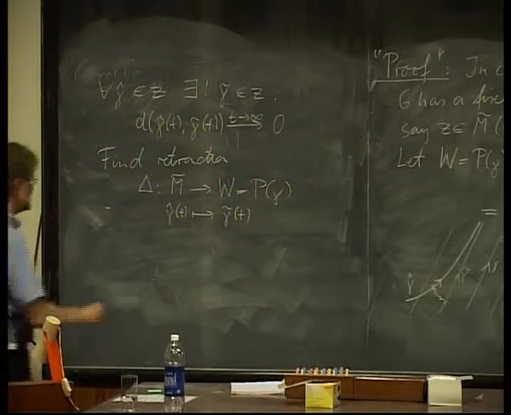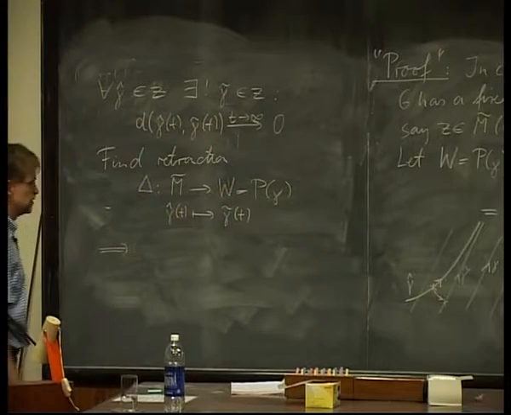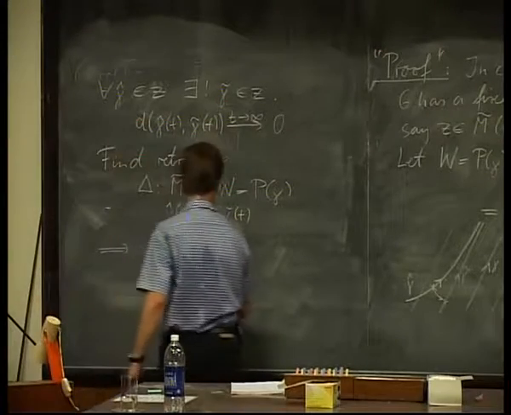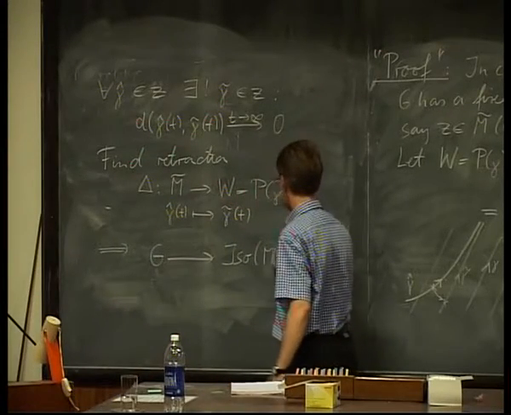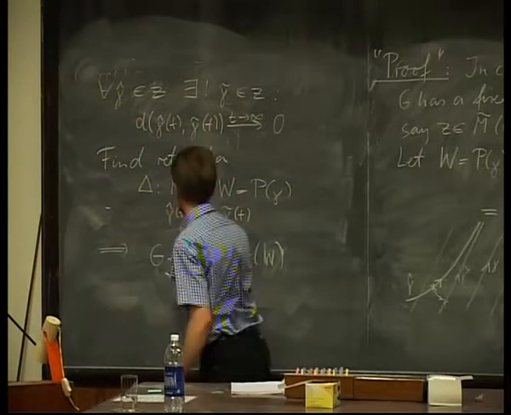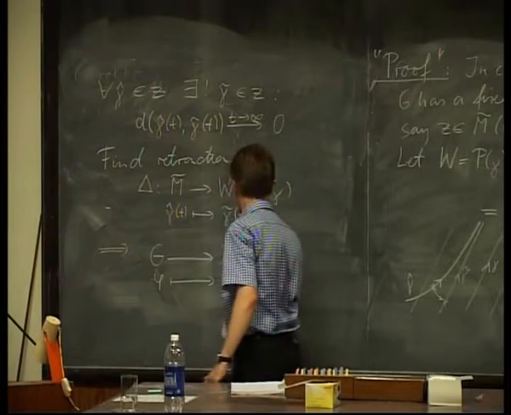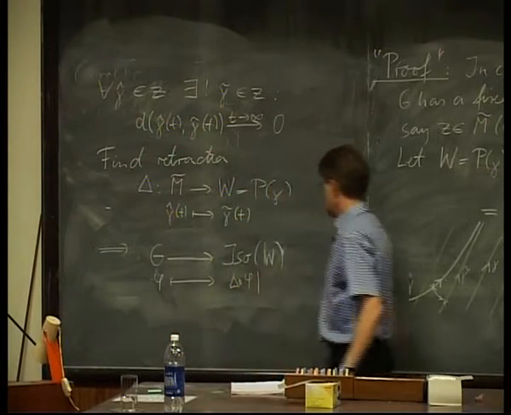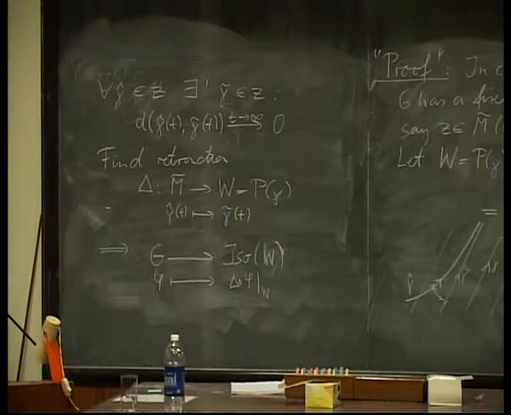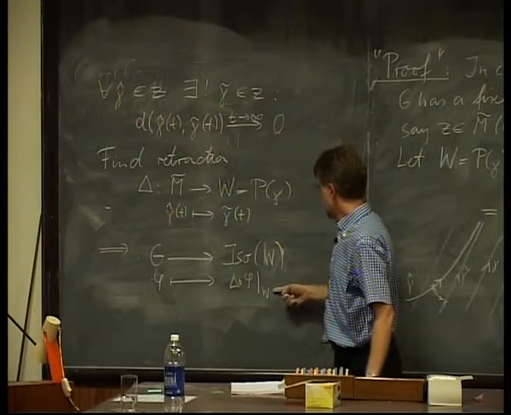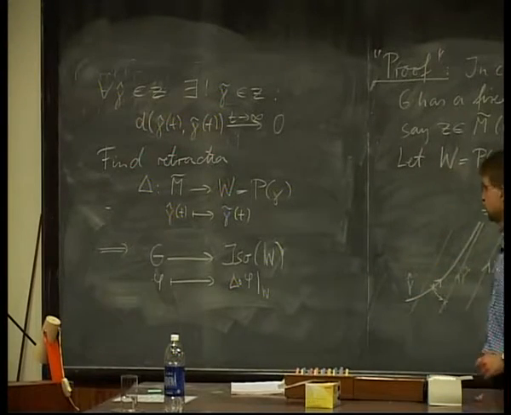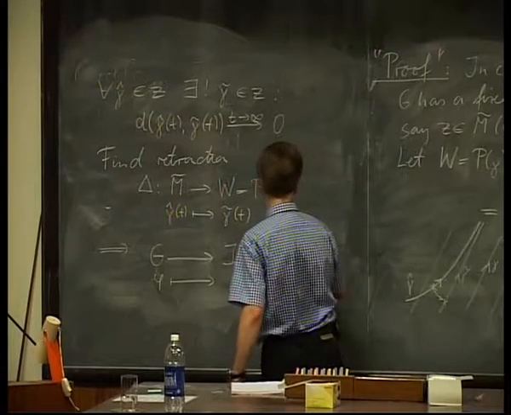And this actually defines, which at first sight might look surprising, a homomorphism from the whole group to the isometry group of W. We just restrict an arbitrary isometry phi to W, apply phi. Usually this takes us out of W, and then we apply the retraction again. And this is a group homomorphism with nice properties.